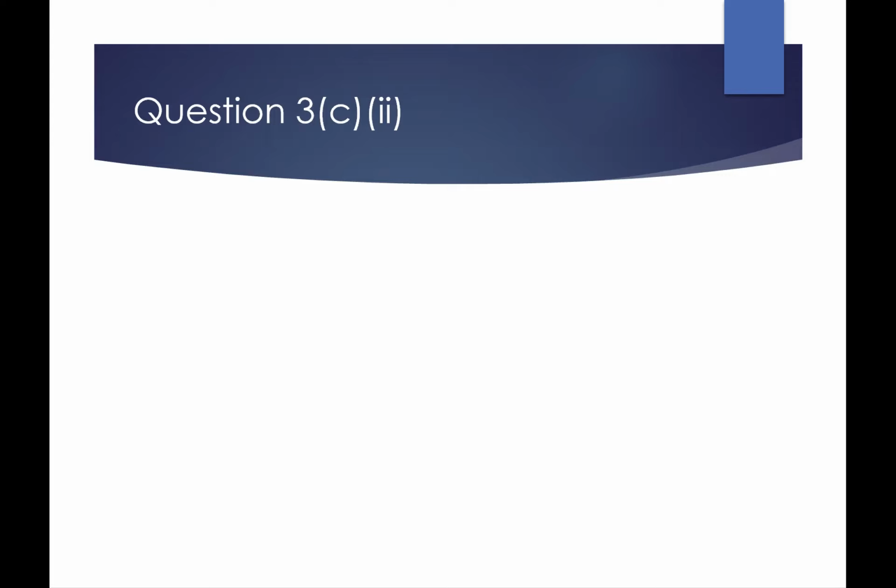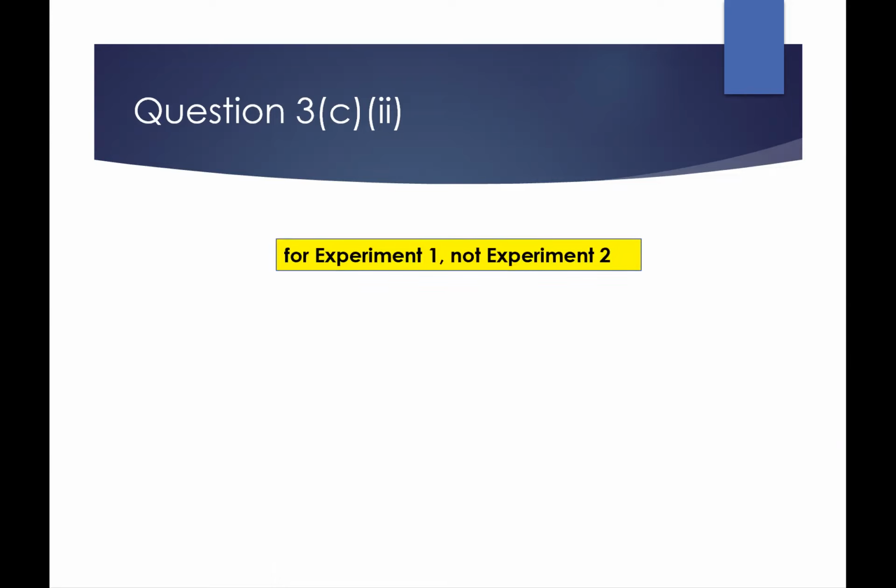For part 2, now you are asked to focus on experiment 1. So the common mistake is that students have used the results for experiment 2 or experiment 3. Therefore, my advice is read the question very, very carefully. So in this case, the average rate will therefore be 39 divided by 7.